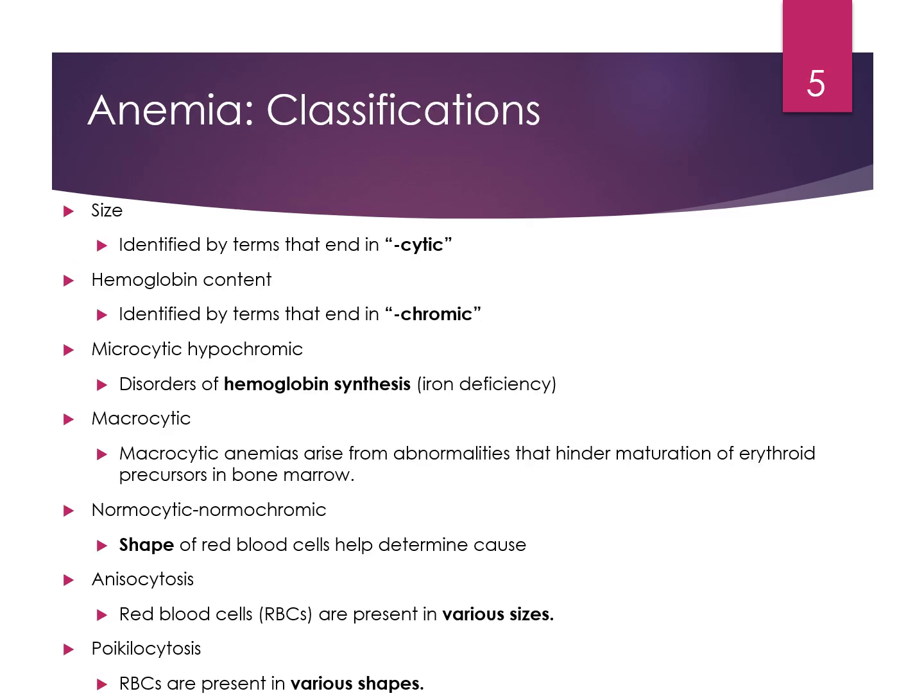So before we discuss the different types of anemia, it's important for you to understand how we identify anemias based off of how they are labeled. So if you were to identify whether an anemia consists of small cells or large cells, we're thinking things like microcytic or hypochromic.